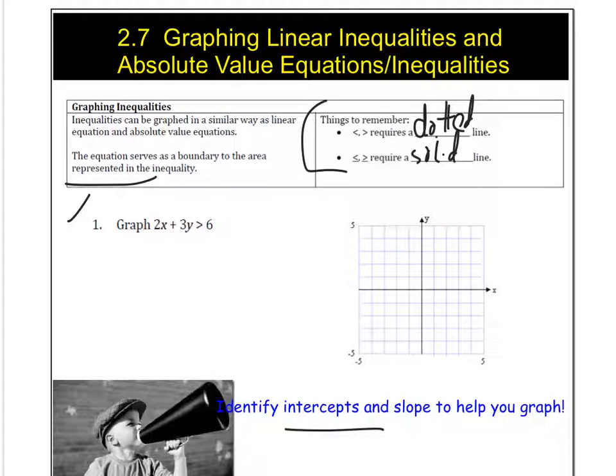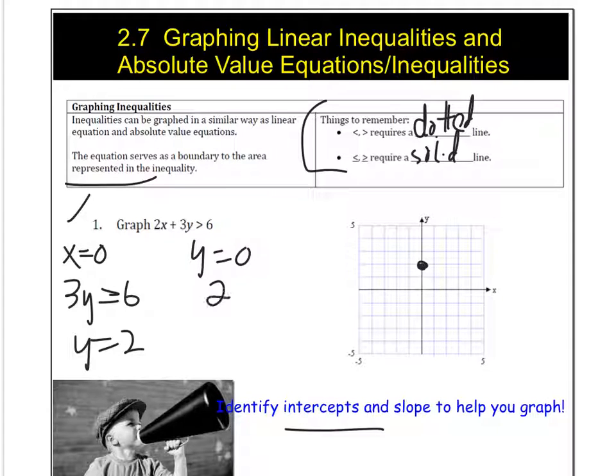Let x equal 0, figure out what y is, so 3y equals 6, so y equals 2. Right here. If y equals 0, 2x equals 6, so x is going to equal 3. So there's my intercepts, and there's my dotted line right there, just like that.